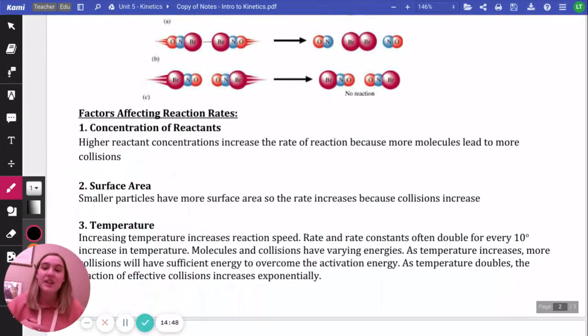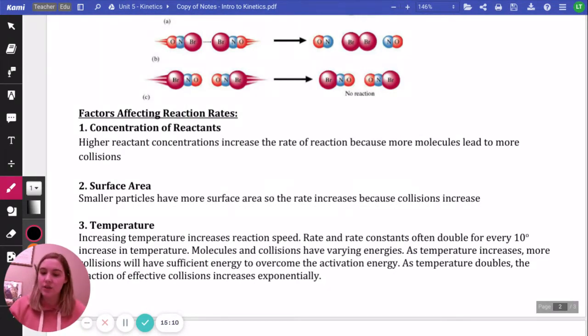All right. So now let's talk about how we can affect reaction rates. So how can we speed up or increase the rate of our reaction, especially if some reactions are thermodynamically feasible, but they're kinetically so slow. There's really 5 things, but there's 4 main ones that we're going to talk about. And the first one is concentration of reactants.